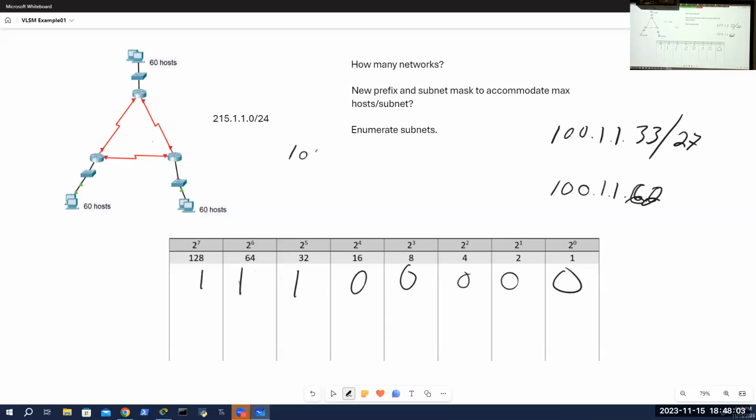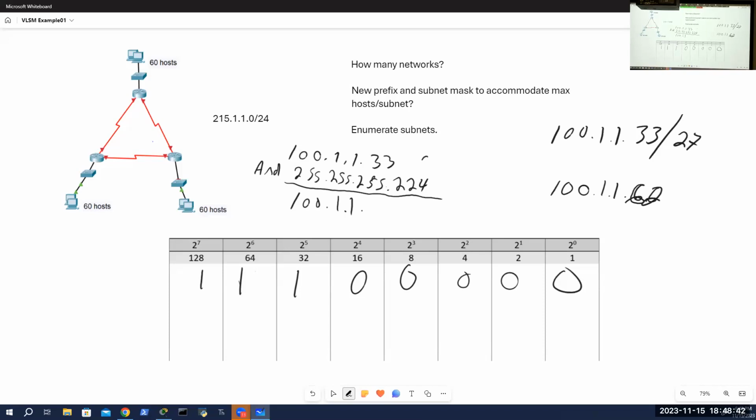So when you binary AND 100.1.1.33 with that subnet mask 255.255.255.224, the fourth octet of the subnet mask is going to be 224. Anything ANDed with 255 is just going to be the original number, so it's going to be 100.1.1. Then we just have to binary AND 33 with 224.